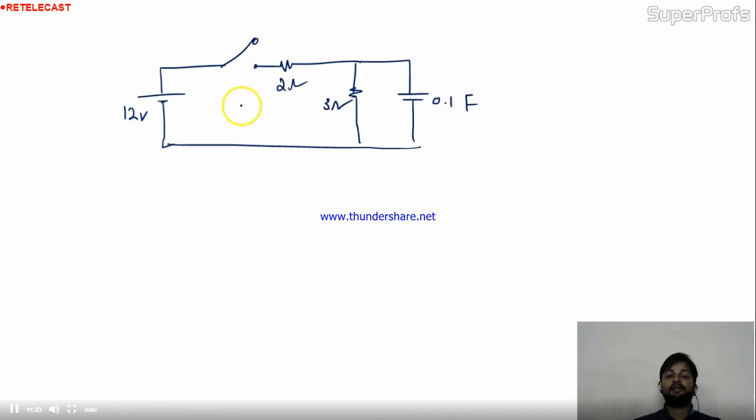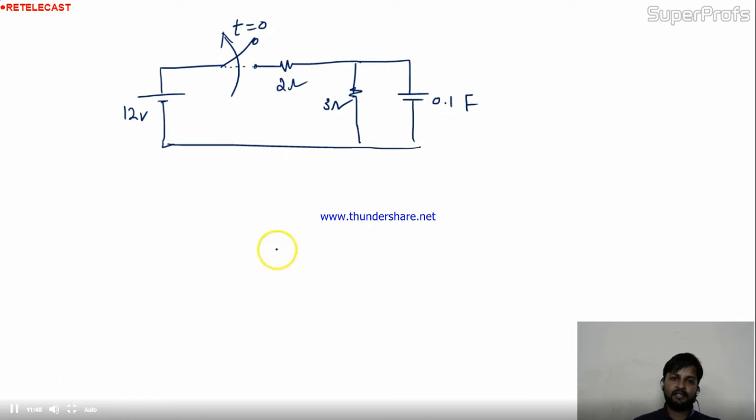Is it okay? At t equal to 0 you are opening the circuit. Means before t equal to 0 it was closed. So when it was closed, there is a voltage drop across this resistor and voltage stored in the capacitor. Okay, fine.